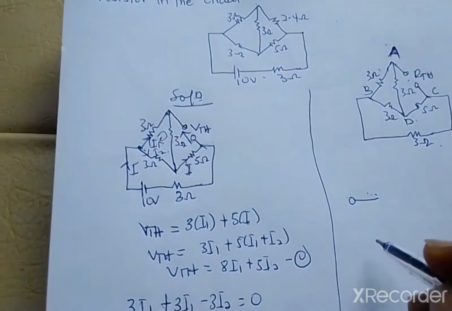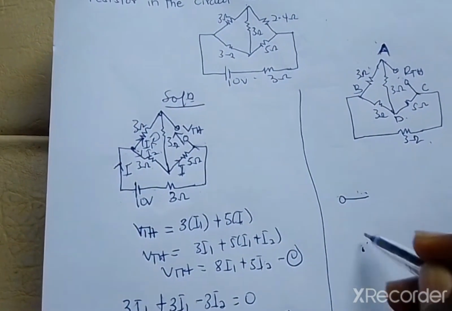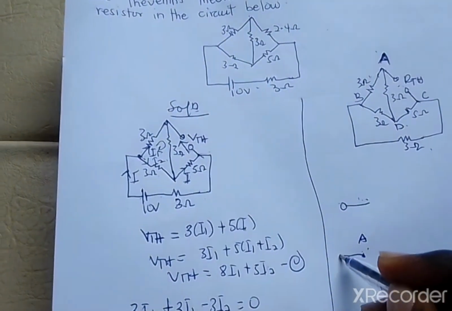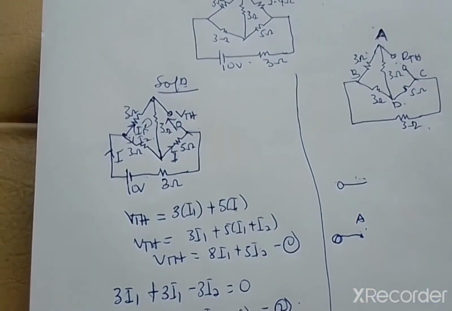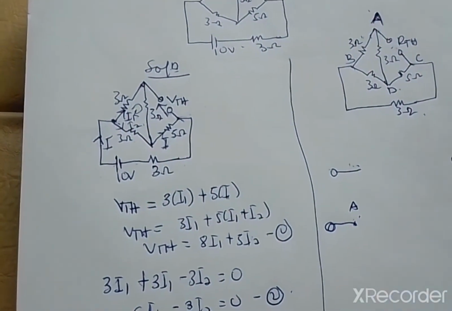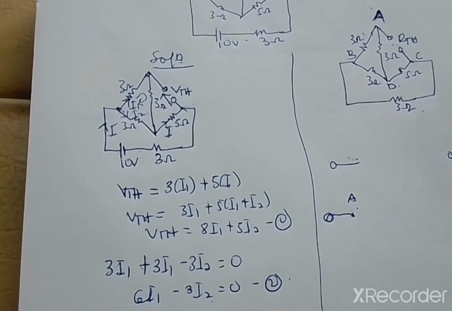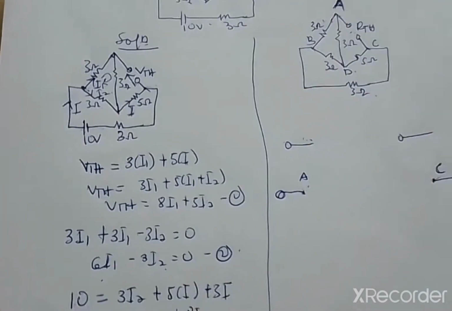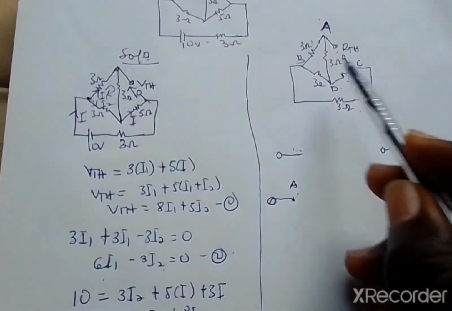So let's see, we have point A here, then we open its terminal here. Then you have point C, that is node C. You label it C. You also push it somewhere here, nicely like that. So once we get this, we have to arrange the rest.